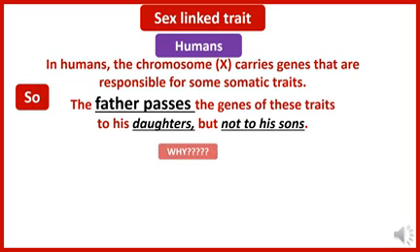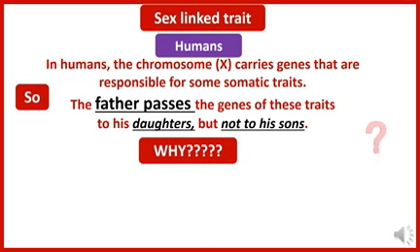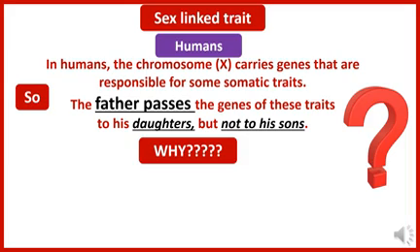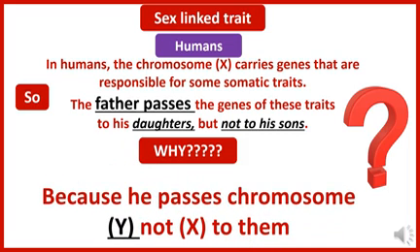Why does this happen? As we know, the father has XY chromosomes. So during the formation of gametes, he is going to pass only the X chromosome to his daughters, the X chromosome that carries the genes that control these traits. In this case, he is going to pass these traits to his daughters and not to his sons.